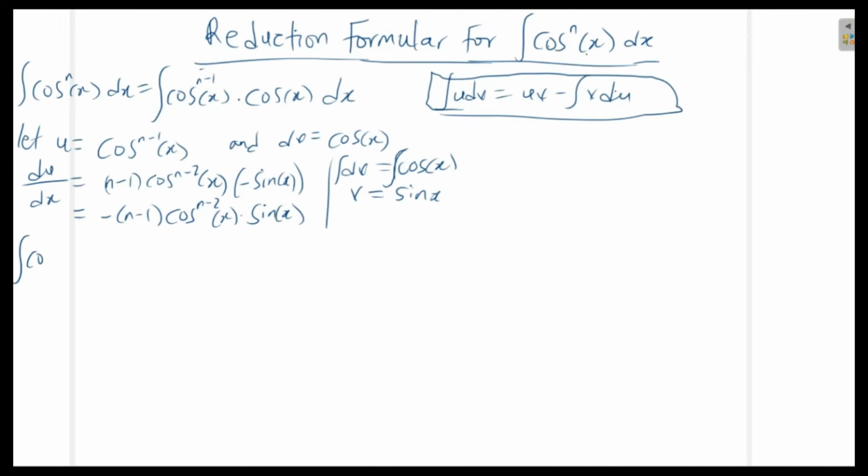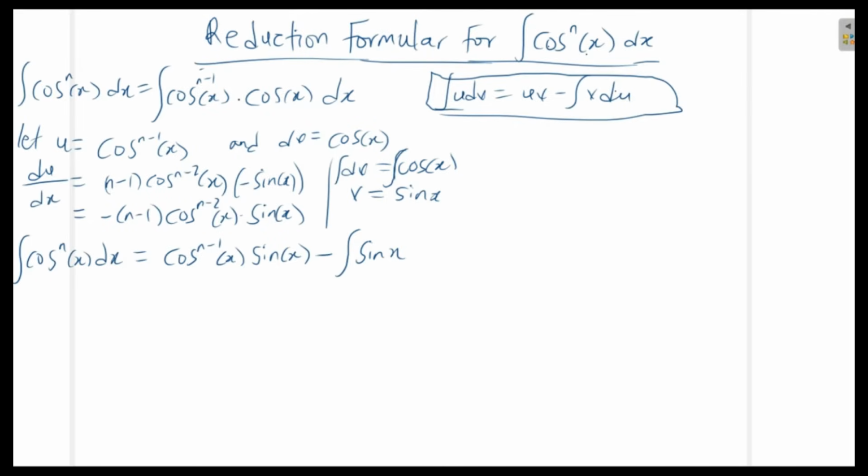So my integral of cos to the power n of x dx, that's what we are trying to derive, is going to be u times v. What is u? u is cos to the power n minus 1 of x. What is v? v is sine x. Minus the integral of v, which is sine x, times du.